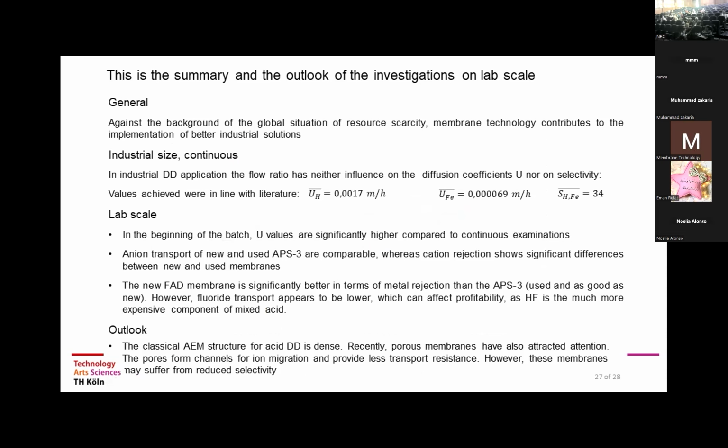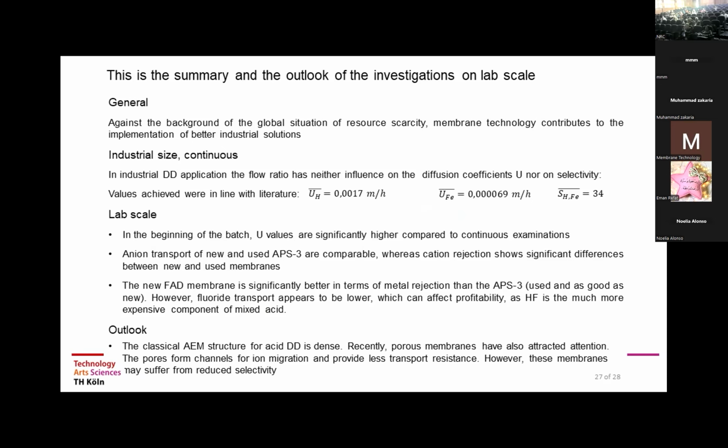This is a relatively easy process, easy to control, easy to understand. The industrial investigations have shown values similar to literature values, so that is okay, and we did not calculate anything else.